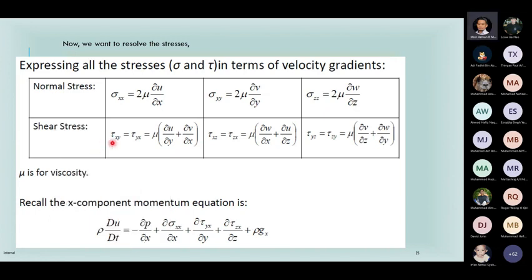This tells us the stress on the skin of the fluid volume, in terms of the viscosity times partial u over partial y plus partial v over partial x, and so on. This is for the shear stress in x, y and z.